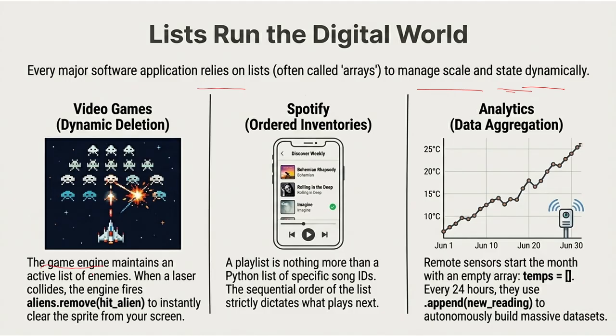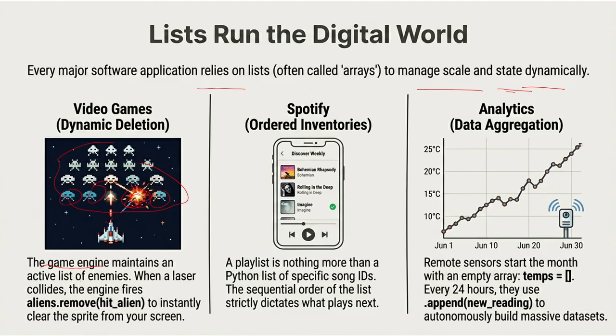The game Alien maintains an active list of enemies. So here you see these are enemies. When you point a laser and destroy one alien, what happens? The engine runs this code: aliens, which is this collection, dot remove hit alien.